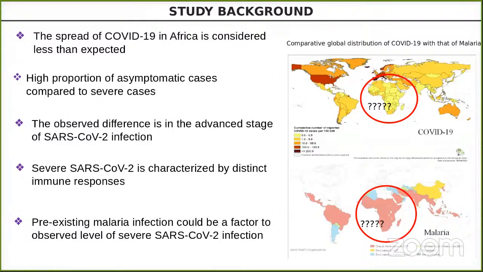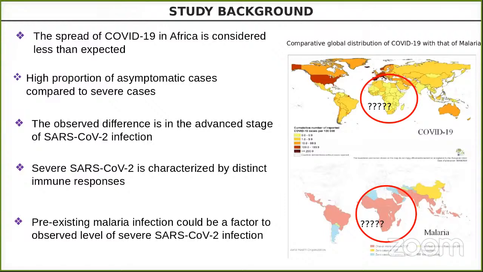An example is that pre-existing malaria infections could be a factor in the level of severe SARS-CoV-2 infections. An example to show is the low number of severe cases in sub-Saharan Africa, which some research has postulated is due to the variable distribution of genes such as ACE1 and D, and also ACE2 polymorphisms, which have been reported to partly explain the observed clinical heterogeneity across endemic and non-endemic regions.